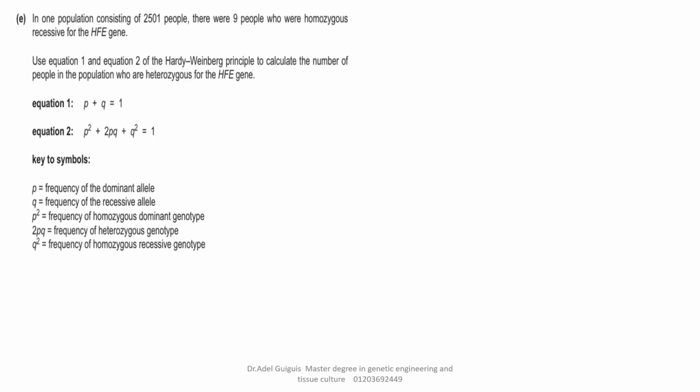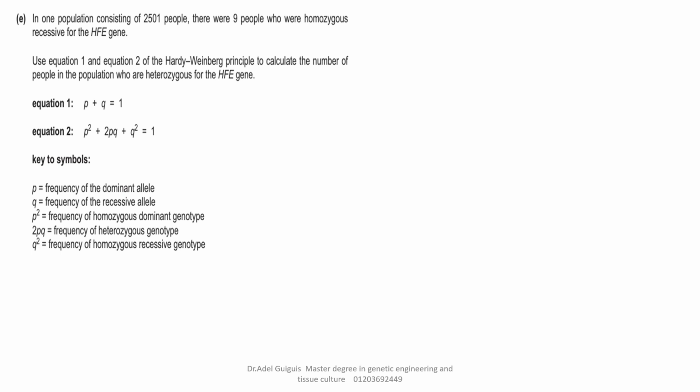Now for letter E. This part is so important. It's about the Hardy-Weinberg principle. Letter E: in one population consisting of 2,501 people, there were 9 people who were homozygous recessive for the HFE gene. 9 out of 2,501 are homozygous recessive for the HFE gene.